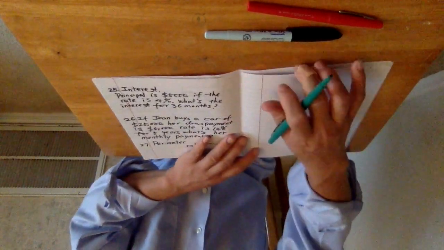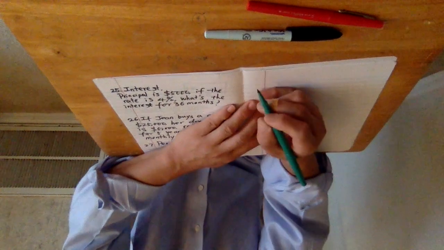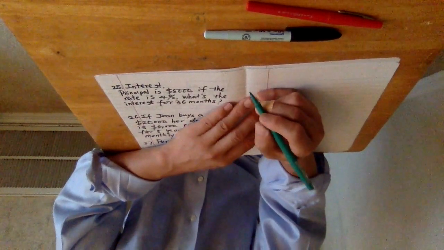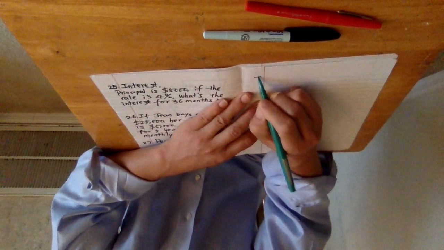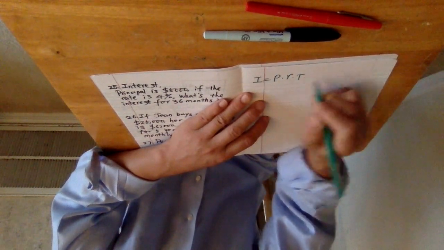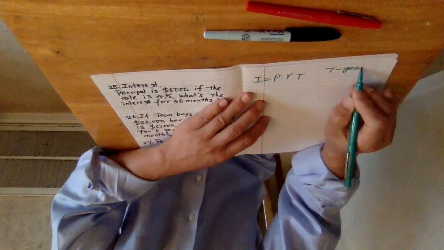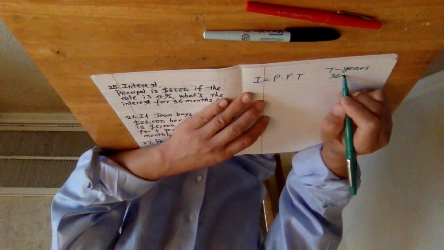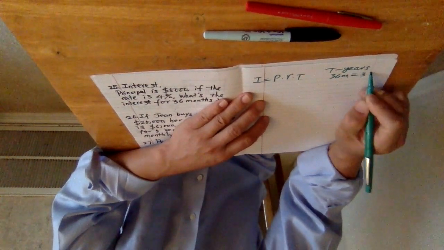25. Interest. Principal is $5,000 if the rate is 4%. What's the interest for 36 months? Interest equals principal times rate times time, the t over the years. So 36 months equals 3 years.